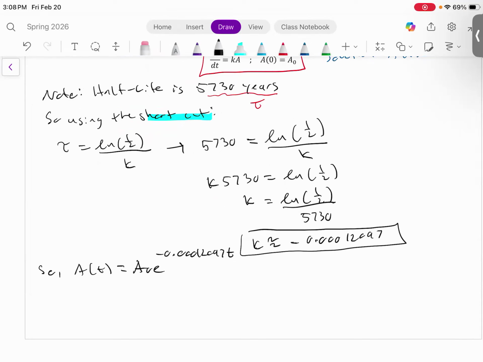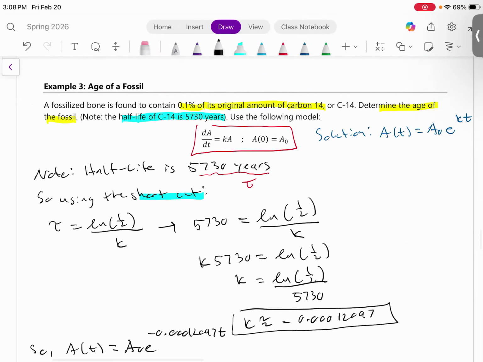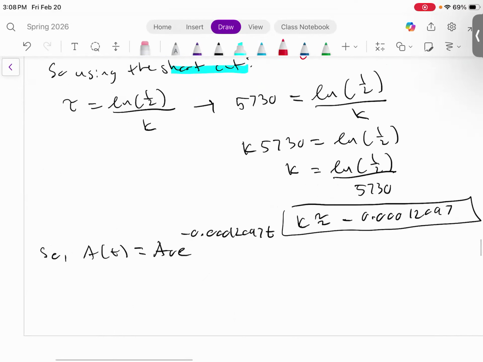Okay, so that's not the final answer. We want to determine the age of the fossil when 0.1% of its original amount is still contained. So let's figure that out.